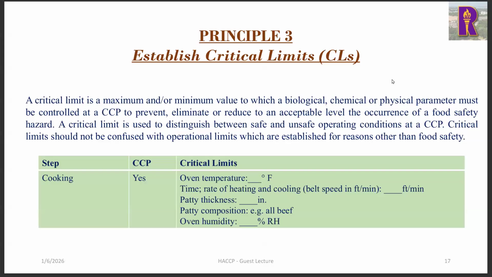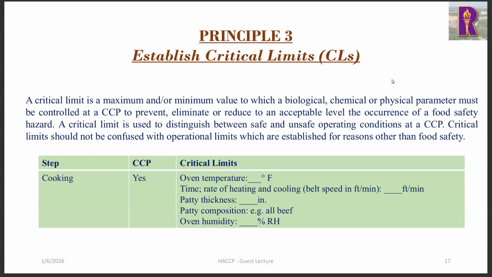So the next step is the establishment of the critical limits, that is CL. After finding out your critical point, we have to go for the critical limits. That is, as we said, whether it is in a range. The critical limit is nothing but the minimum or the maximum range for any hazard.